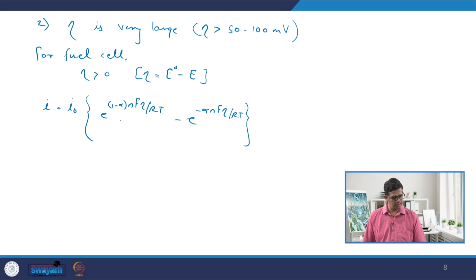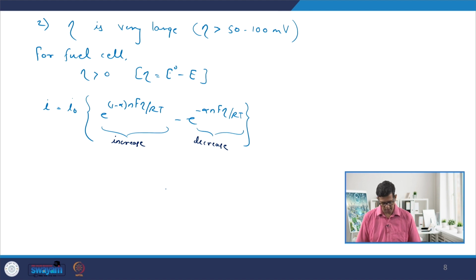This factor will increase and this factor will decrease as eta increases.